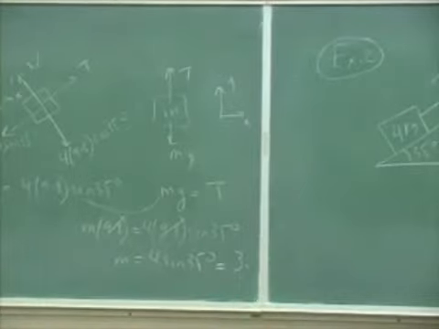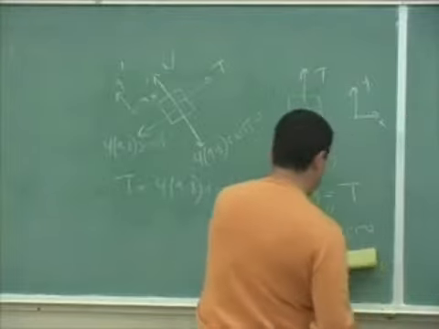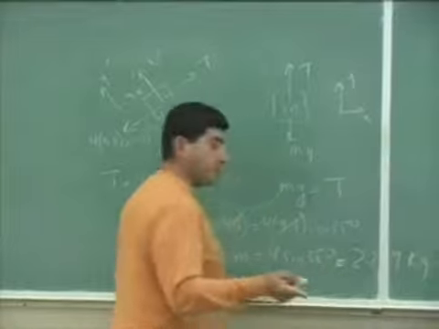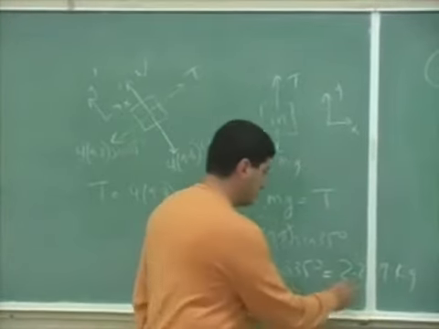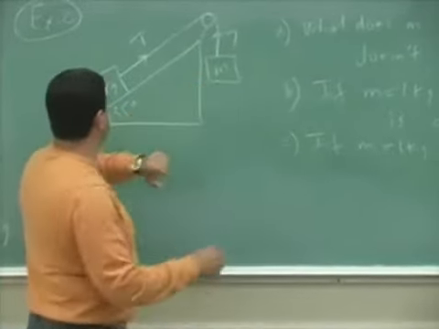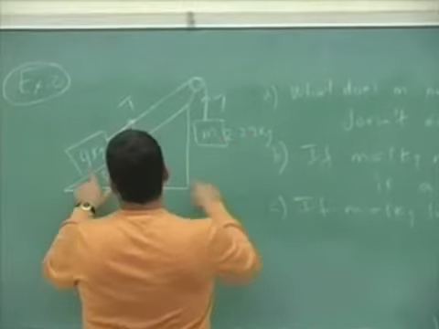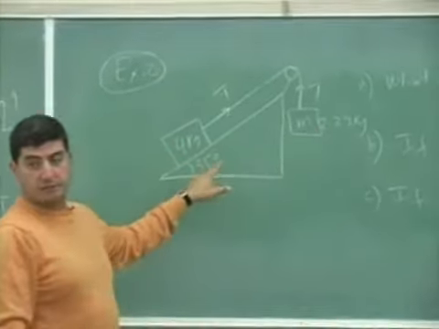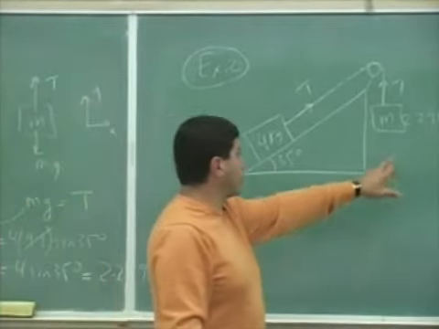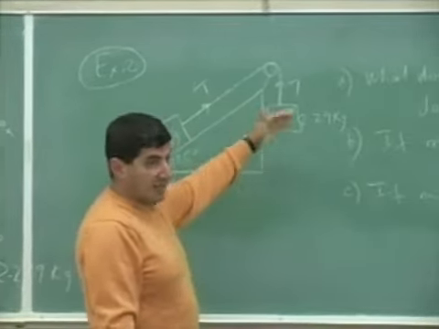Okay. Which makes sense. 2.29 kilograms. If this is 2.29 kilograms, it can match the 4 kilograms sitting on the inclined plane. That makes sense? We knew the answer has to be less than 4, right? You don't need 4 to match a 4 sitting on the incline. You need less than 4, right?